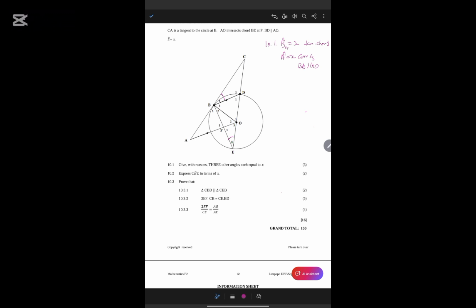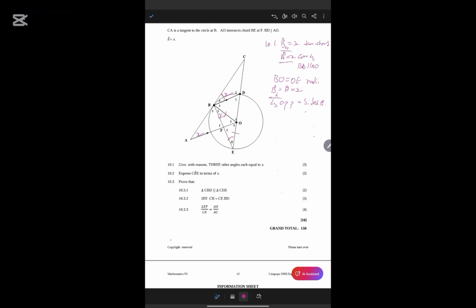The third angle, so we also know that A is x. But when you look at triangle BOE, that is an isosceles triangle because BO is equal to OE. That is the radius of the circle.